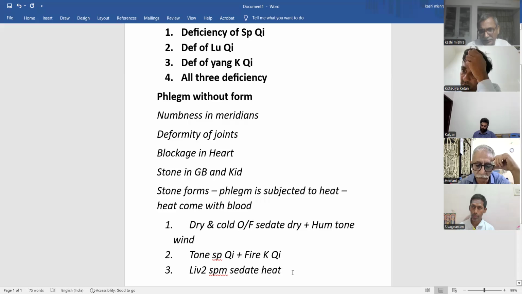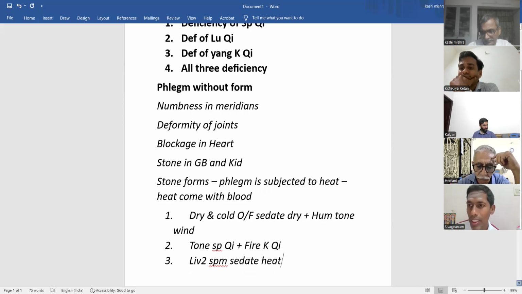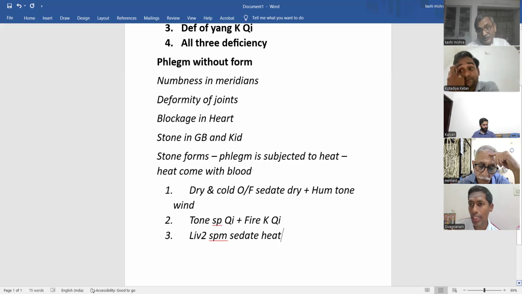Am I making my point all right? Clear? Sir, please repeat, for gallbladder, what will happen? If the stone is formed there, it is difficult to get rid of that. So what is the option, only removal of the gallbladder? No, there are other Ayurvedic methods also.